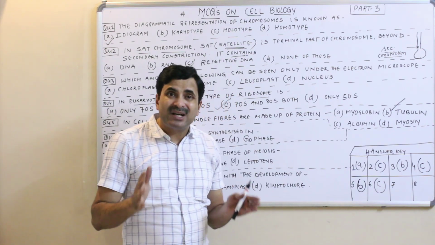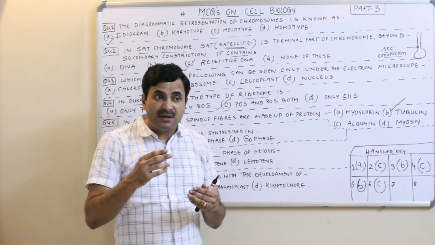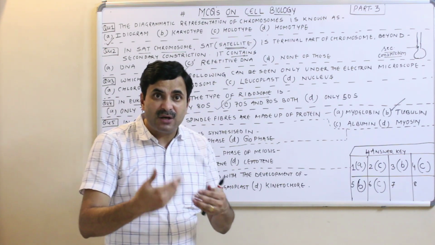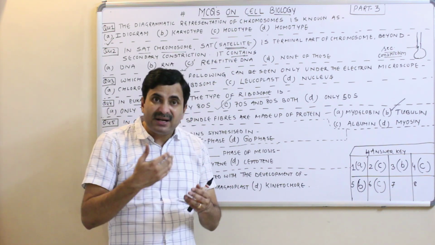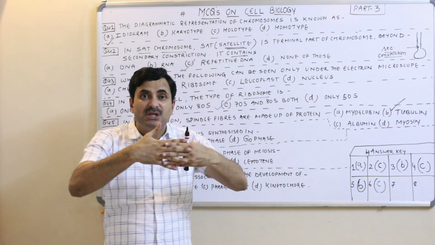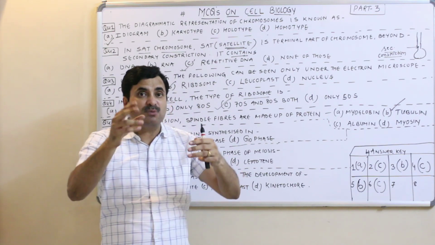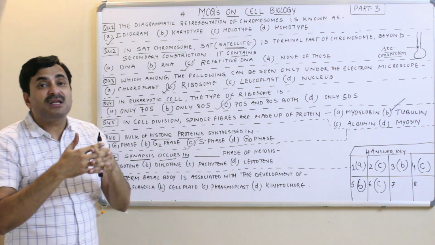So in leptotene, attractive forces increase. But in zygotene, the attractive forces between the chromosomes are stronger, and because of this attraction the two homologous chromosomes come near to each other and show pairing.